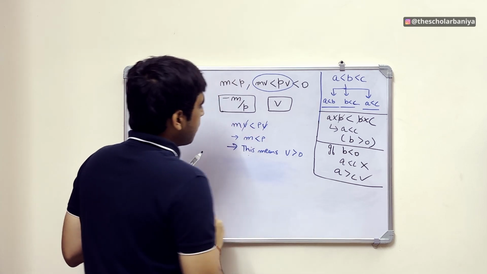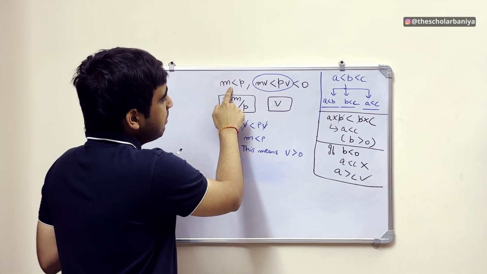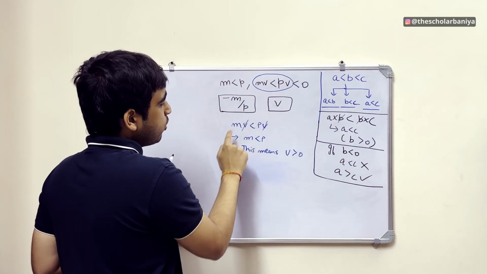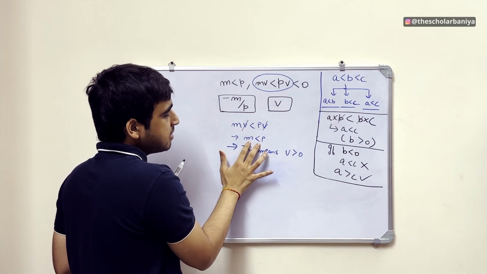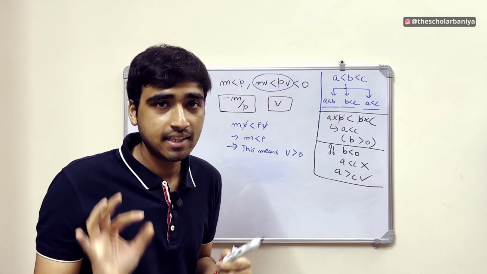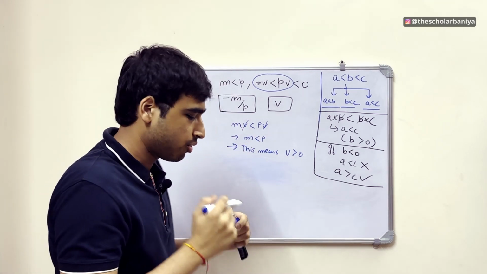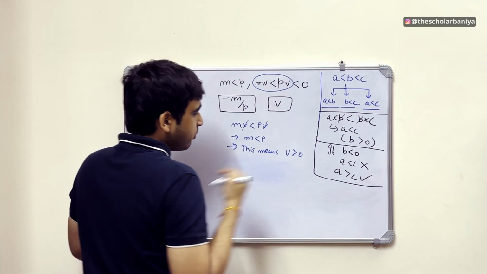But the question is that m is less than p, so we can cut v, we get m is less than p, that means v is greater than 0. That is one thing for sure.